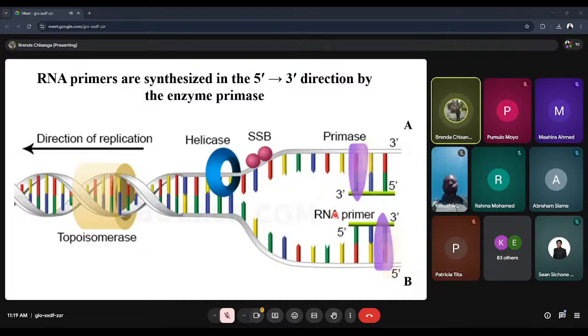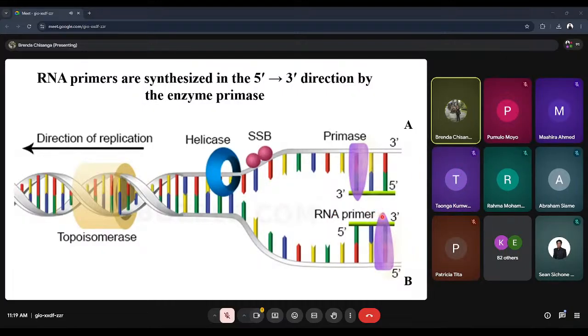So what this means is that of the primers that are synthesized during DNA replication, one of them is synthesized in the same direction as the replication fork, and one of the primers in the opposite direction to the replication fork. This is just like a reference point.